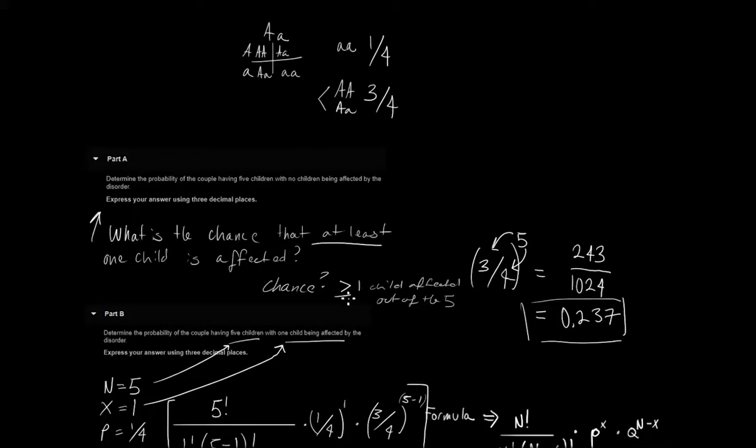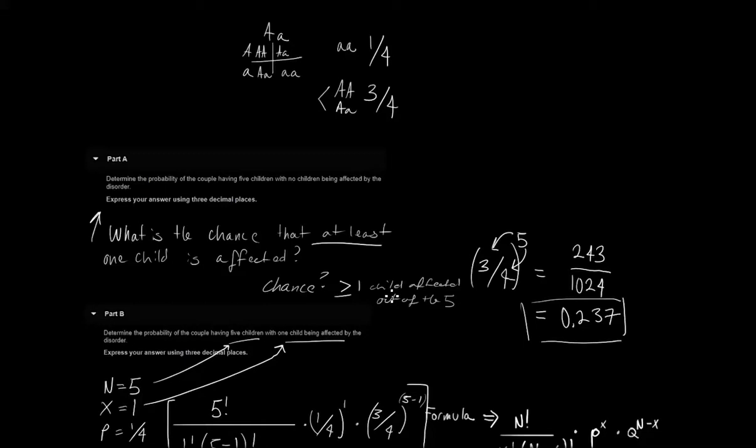I use the greater than or equal to symbol here because we can have in this question where at least one child is affected. We can have 1 child affected, 2 children affected, 3 children affected, 4 children affected, or 5 children affected.